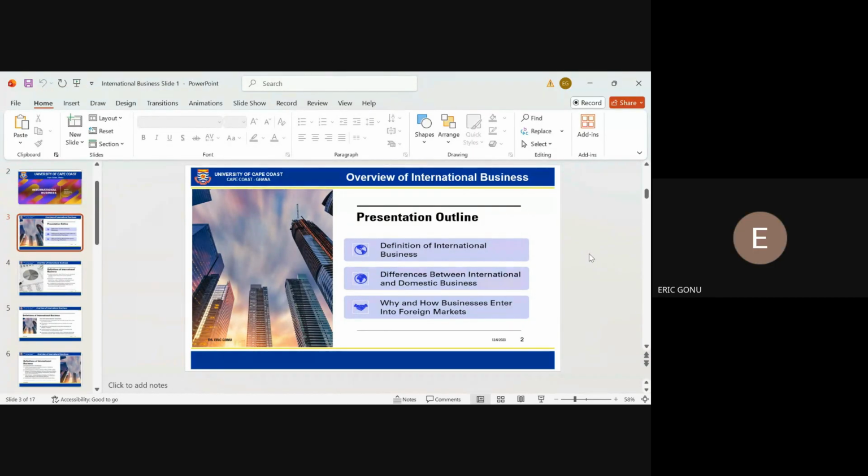Yes, it says from where? South Africa. Okay. I was thinking a car from USA. Which car? Ford. Okay. Ford from USA.